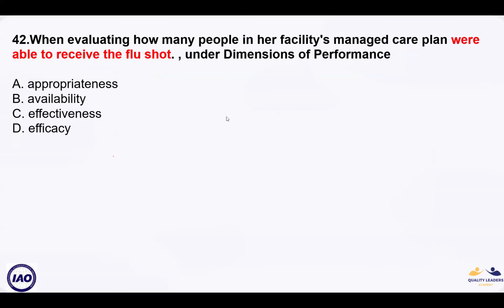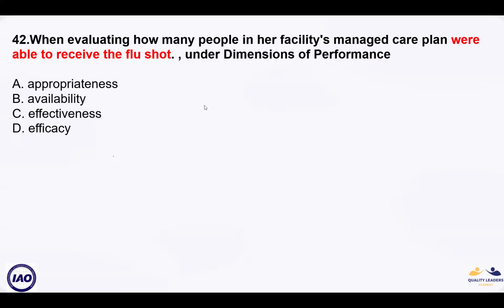Now, when evaluating how many people in the facility's managed care plan were able to receive the flu shot, under dimensions of performance, the question is asking which quality dimension is being measured. You'll see how many people are there in your managed care plan and how many were able to receive the flu shot.